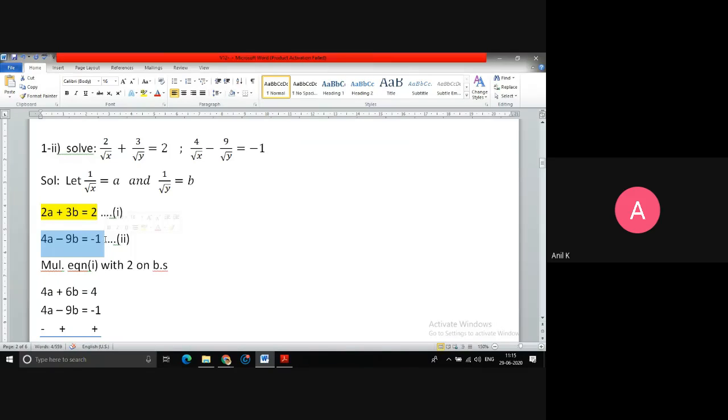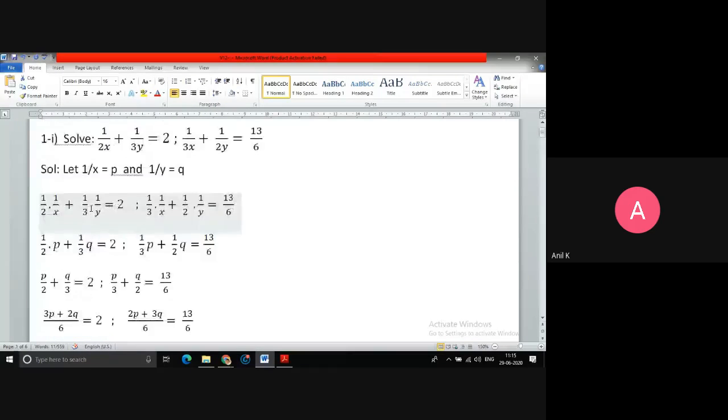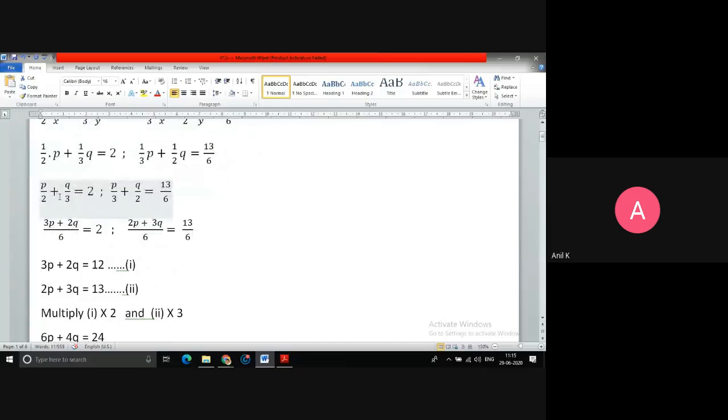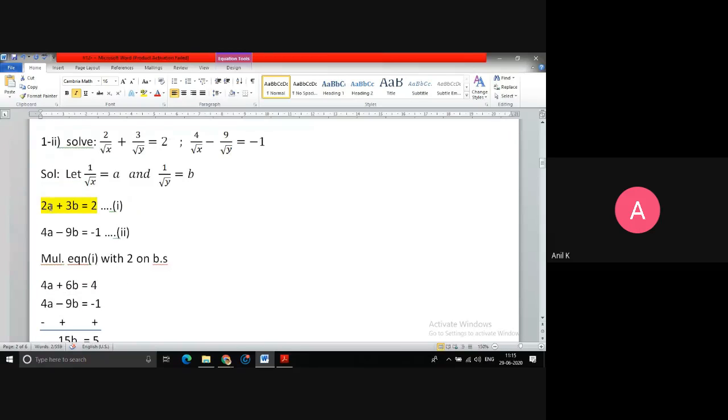Now you may definitely have a doubt: here I did not get the numbers in the denominator. In the previous question, if you observe, I have p by 2 plus q by 3. 2 and 3 are in the denominator. Here also 3 and 2 are in the denominator. But in this question, I have 2a plus 3b equals 2, 4a minus 9b equals minus 1. So if you have any doubt why there it is in the denominator and here why it is a multiplier in the numerator, it's because of the given equations.